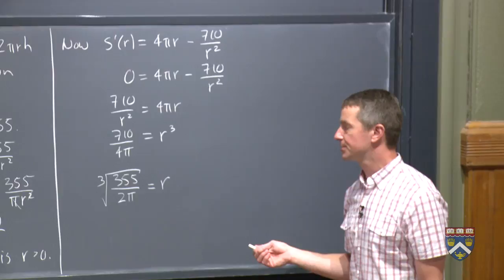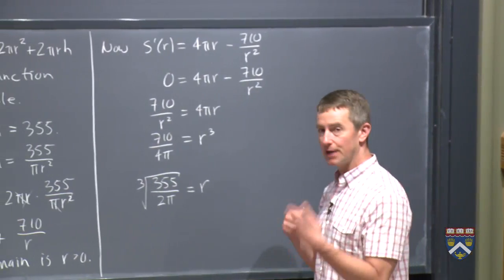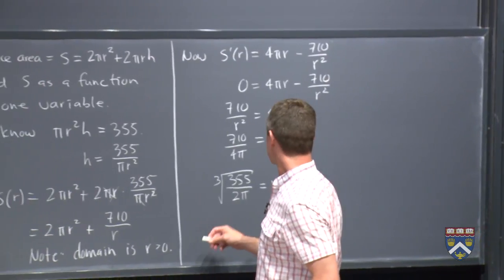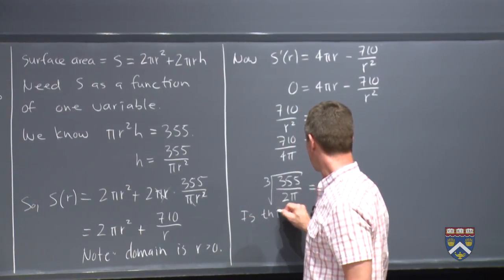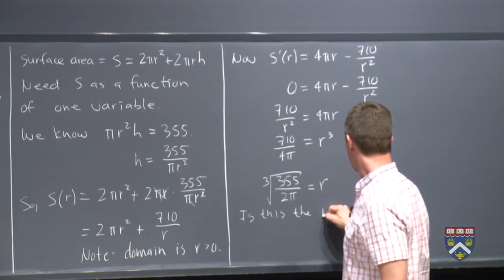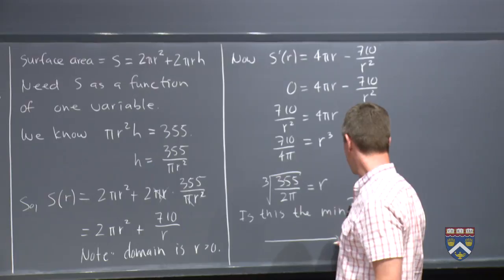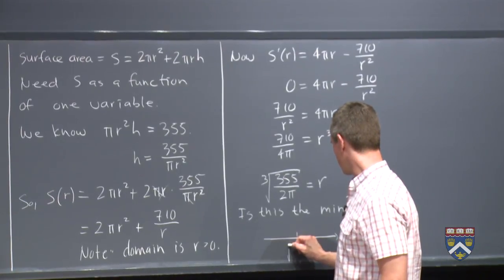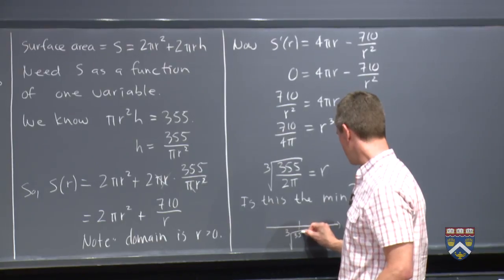Now we're hoping this is the what? Max or min? We are hoping this is the minimum, because we are trying to minimize the surface area. So let's check. Is this the min? We do our number line just as usual. I'm going to put here my critical point, cube root of 355 over 2 pi.